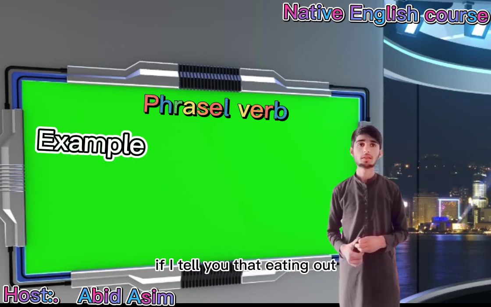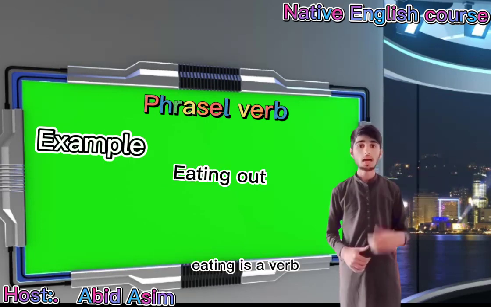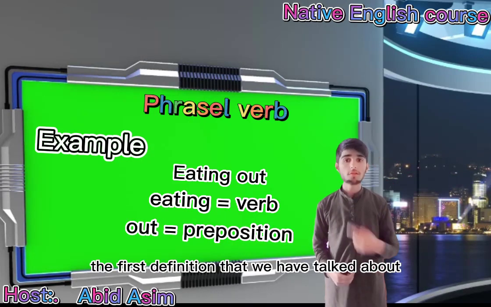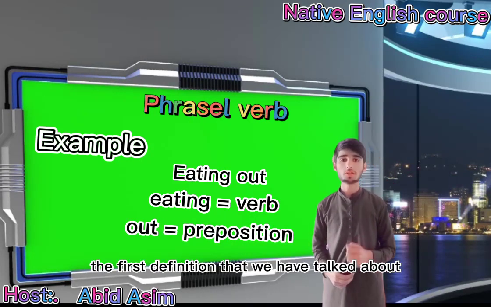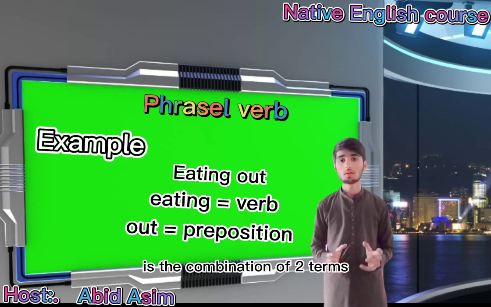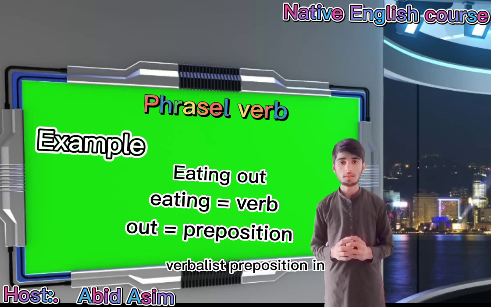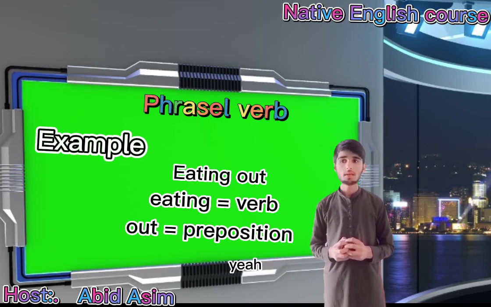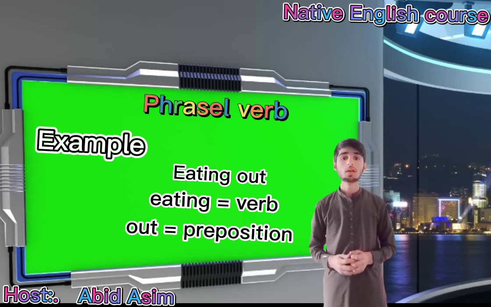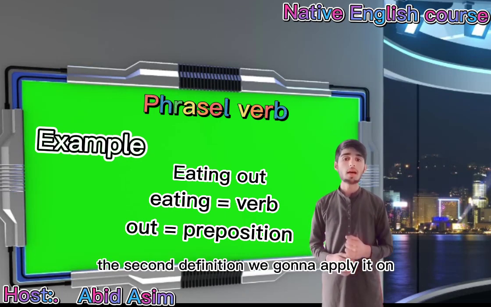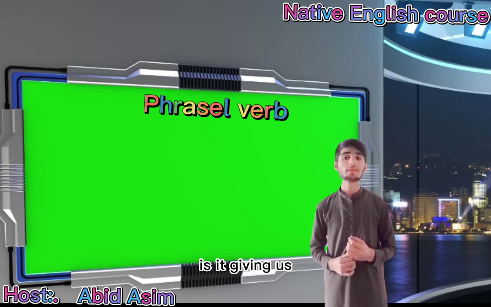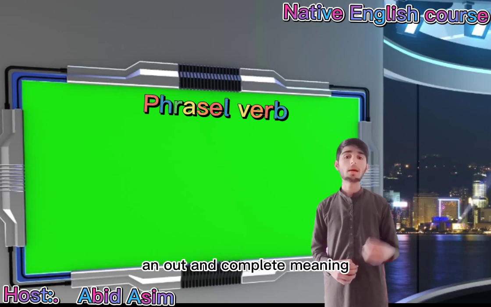If I tell you eating out, eating is a verb and out is a preposition, we apply the first definition that we have talked about. Eating out is the combination of two terms, verb plus preposition, giving a specific meaning, to eat something out. The second definition we are going to apply is whether it gives us an incomplete meaning.